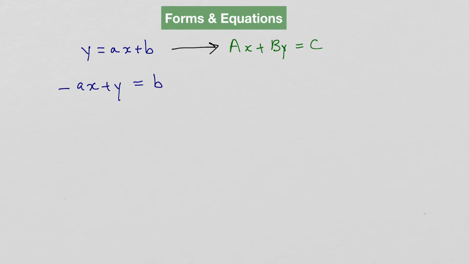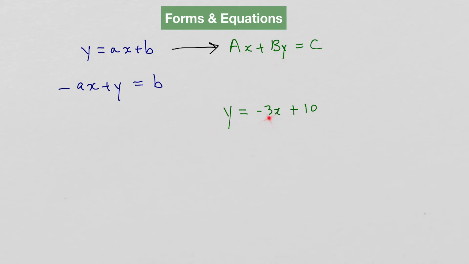So let's follow this up with a specific example. Let's suppose we have an equation that looks like this: y is equal to negative 3x plus 10. And we want to convert that into standard form. So the first thing to do is, we already have y on this side of the equation, because it matches this. We want x on the same side.